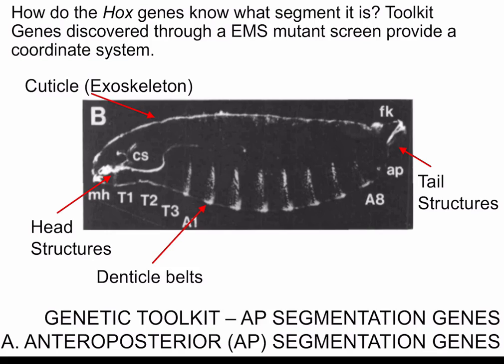Then you can go and screen, which means you can look through all the different mutant progeny that have been generated to identify ones that are mutant in a particular phenotype that you're interested in.